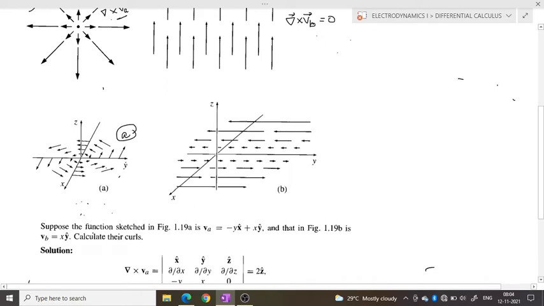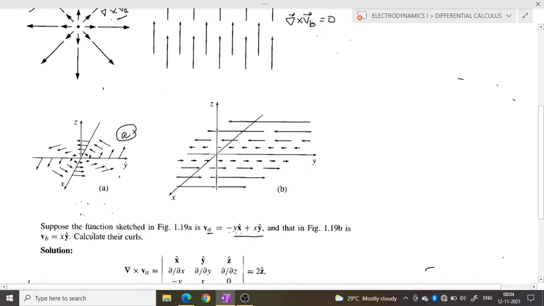You can see from the figure itself that there is a curling around the z-axis, right? So we can find what the result of the curl will be. This function is given by Va equal to minus y x plus x y.